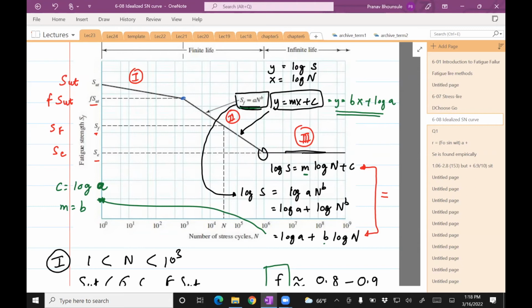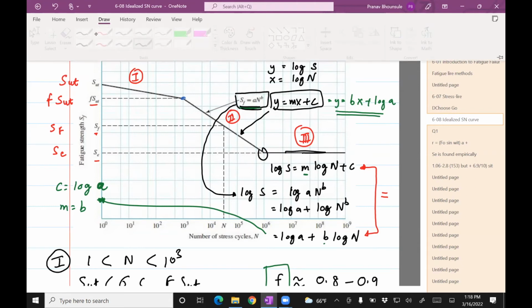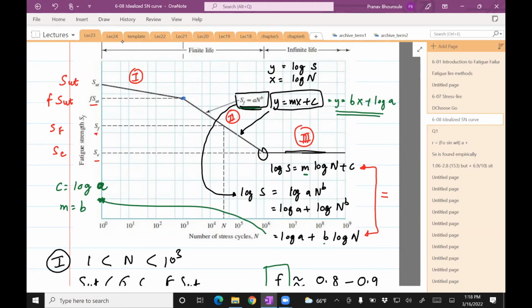The way we find the constants is we know two points through which this line passes. The x coordinate of this point is 1000, and the y coordinate is f times S_UT. And then for this point, the coordinate is 10 raised to 6.